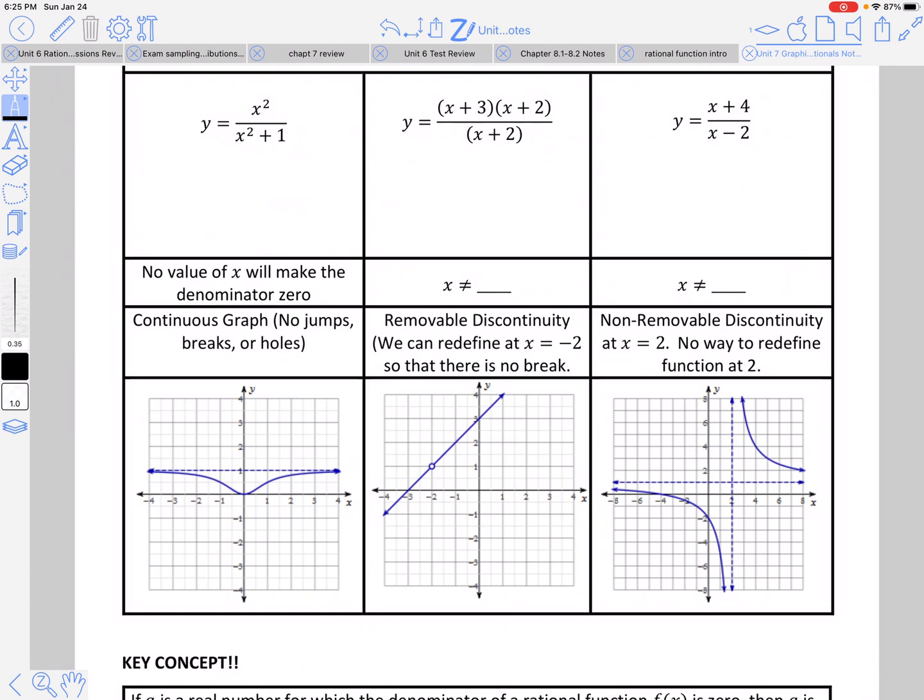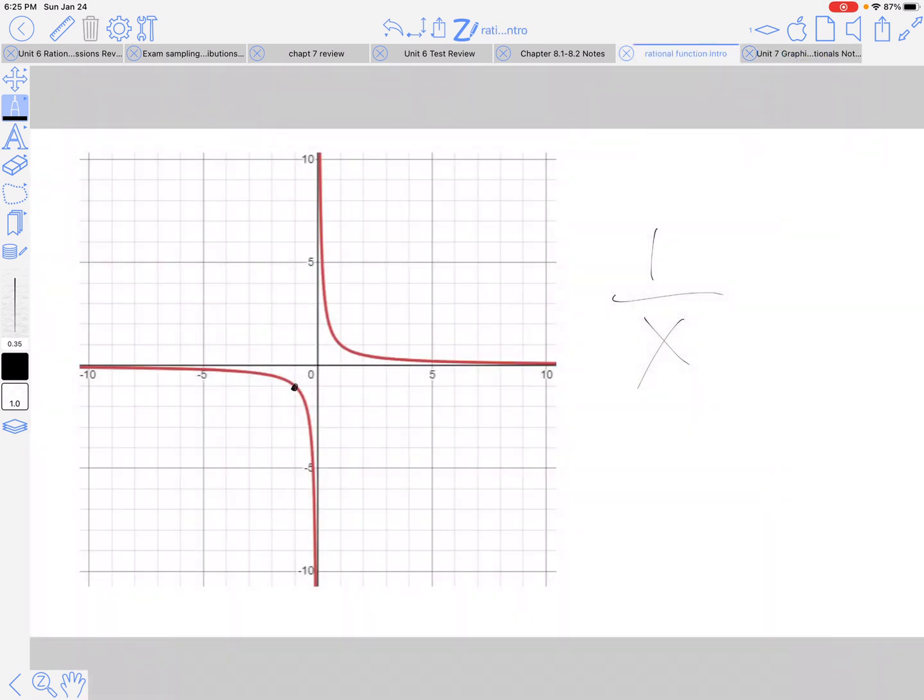All right, so going back just real quick to this graph. So an asymptote is basically an imaginary line on a graph that the graph's going to get really close to but never touch, okay? All right, so 1 over x is never going to go to 0, right?